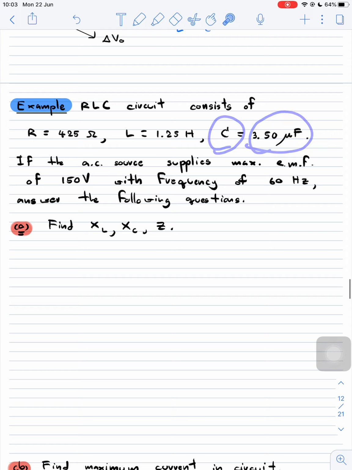The AC source supplies the maximum electromotive force, EMF, of 150 volts with a frequency of 60 Hz. Answer the following questions.